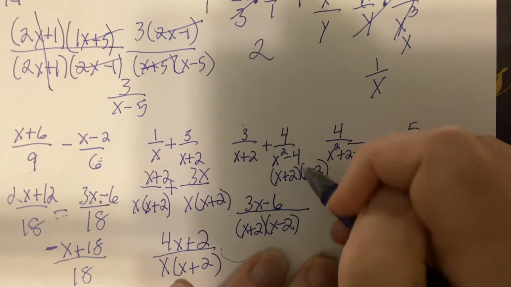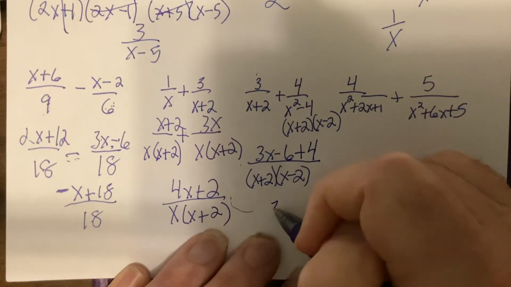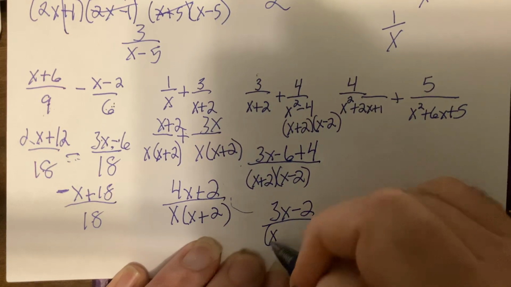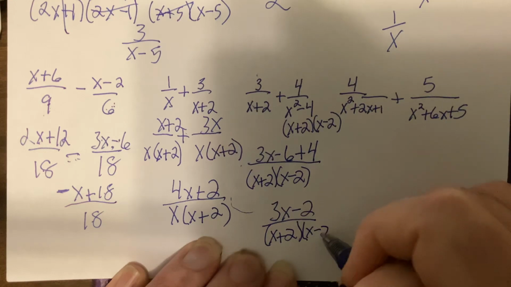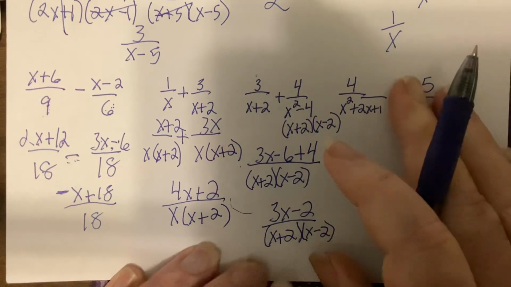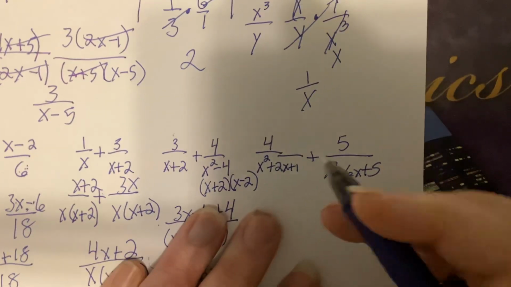This one already has the LCD, so you just bring that down. So it'd be 3x minus 2 over x plus 2, x minus 2. Now, if you want to FOIL this, that's okay, and change it to x squared minus 4, or if you just want to leave it in factored form, that's okay.